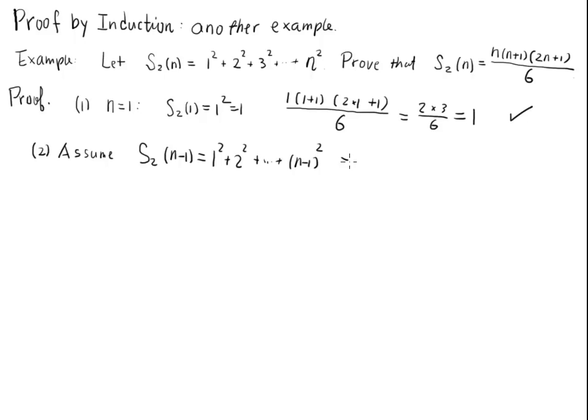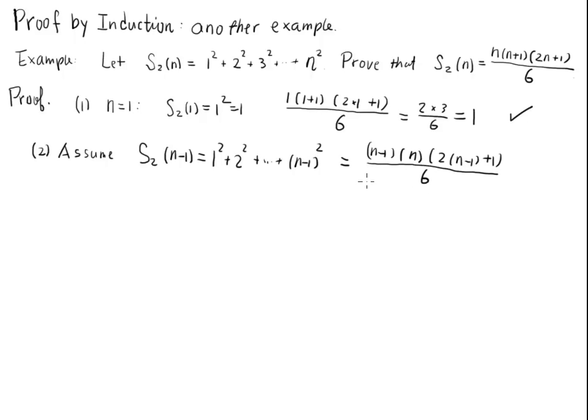We're going to assume this one is (n minus 1), and n minus 1 plus 1 is n, and then (2n minus 1) and plus 1 over 6.